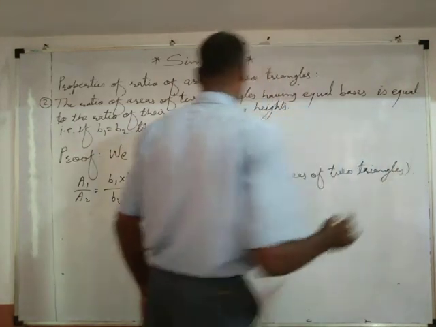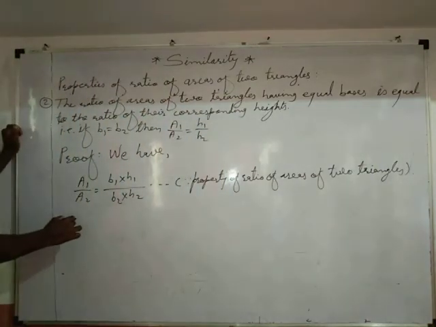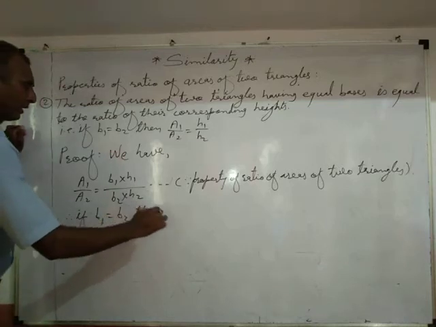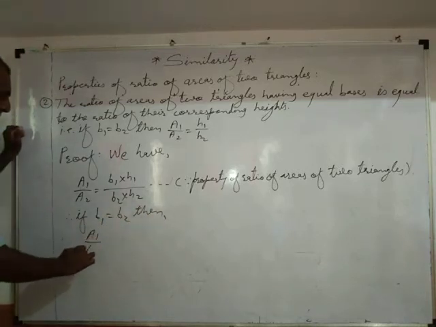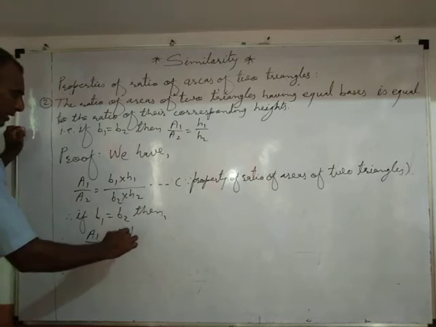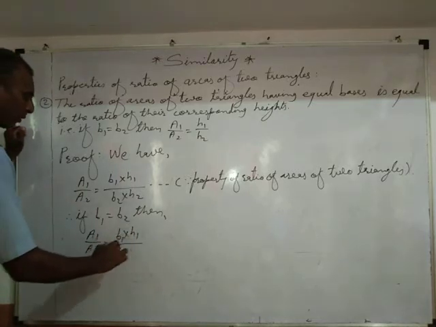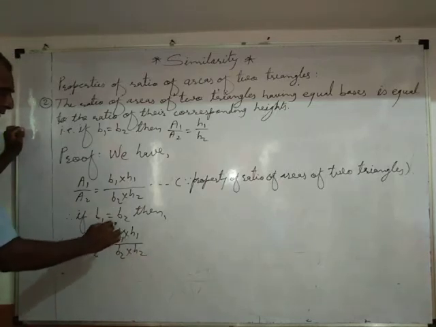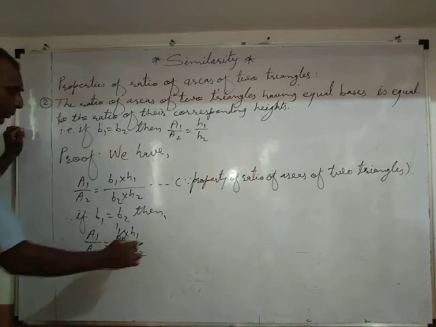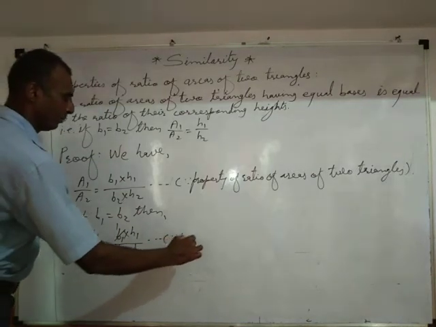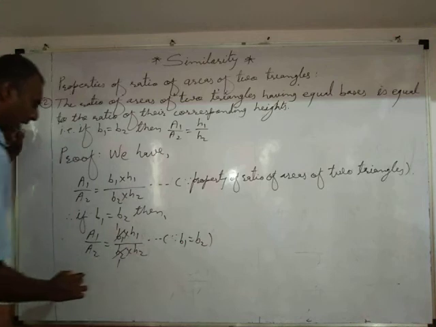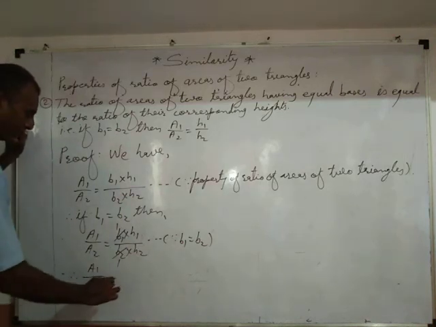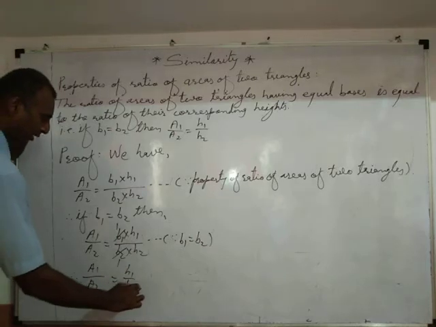And therefore if B1 equals B2, then in this case, as A1 upon A2 equals B1 into H1 upon B2 into H2, we can cancel B1, B2. B1s are B1, B1s are B2. Since B1 equals B2, we have a result A1 upon A2 equals H1 upon H2.